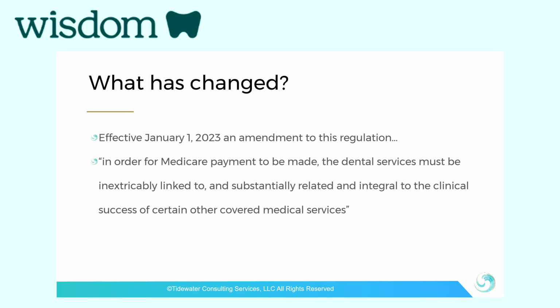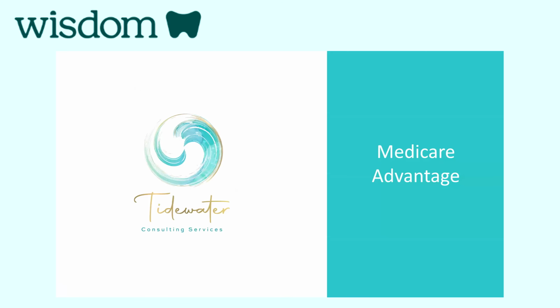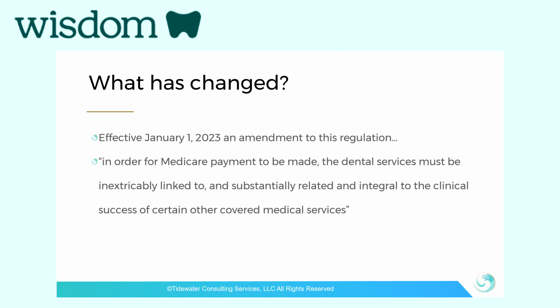Some of that treatment may be your scaling and root planing prior to that organ transplant or prior to that cardiac valve replacement. Those are now covered dental services under original Medicare. In 2024, that expansion was further defined to oral cancer treatment. So if you're doing a workup and you're providing treatment for this oral cancer patient, some of those services may be covered under original Medicare now.